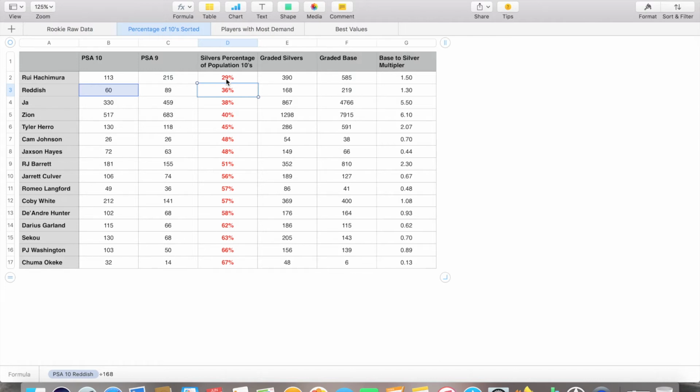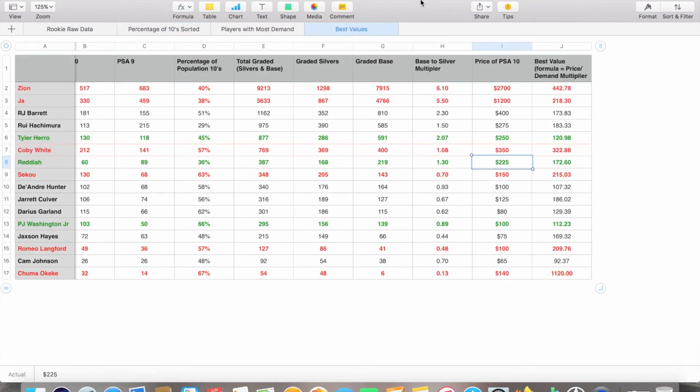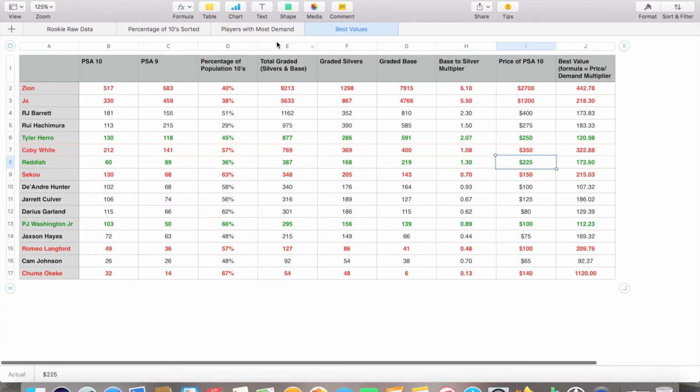So I think it's interesting to note, and it could make sense why people are paying such a premium for Ja and Zion, despite their already super high demand. But it's just something to be aware of that certain cards are very, very hard grades and certain cards are much easier grades.